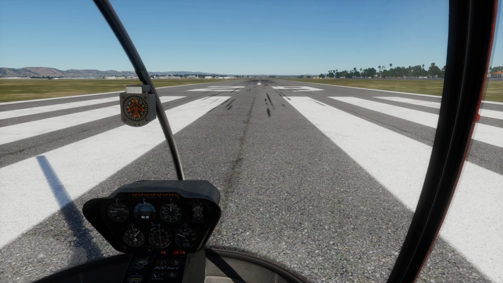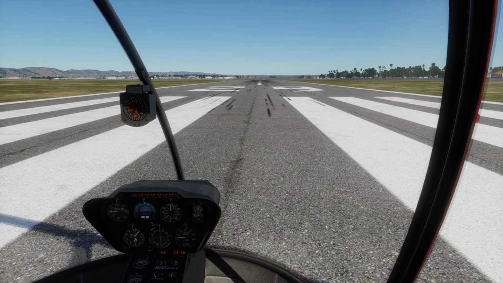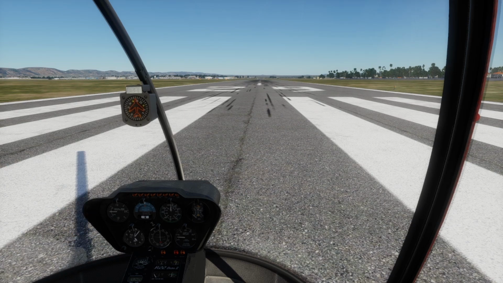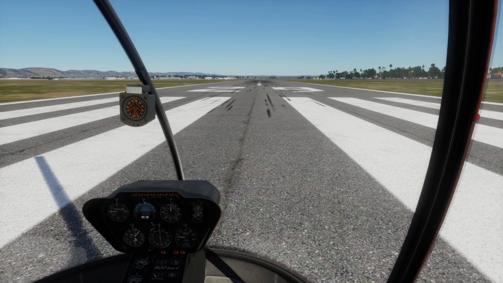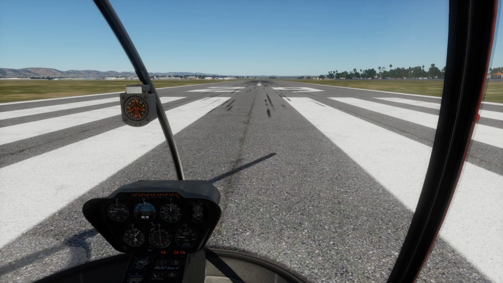I'm just going to demonstrate it on the ground. I'll close the throttle, and that's what I'm going to do in a harbor, except that if I don't do anything else, the helicopter will fall to the ground and possibly damage the helicopter. So what do you do when you are in a harbor and there is a power failure?